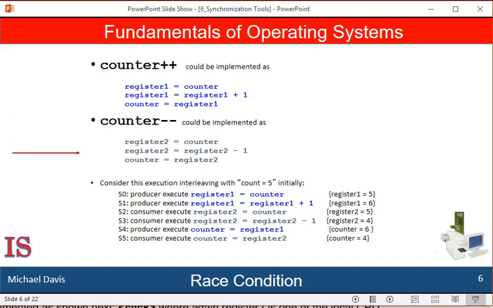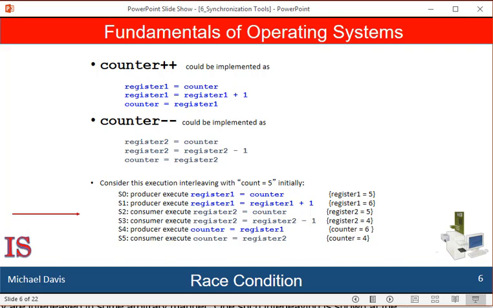Even though register 1 and register 2 may be the same physical register, remember that the contents of this register will be saved and restored by the interrupt handler. The concurrent execution of counter++ and counter-- is equivalent to a sequential execution in which the lower-level statements presented previously are interleaved in some arbitrary manner. One such interleaving is shown at the bottom of the slide.